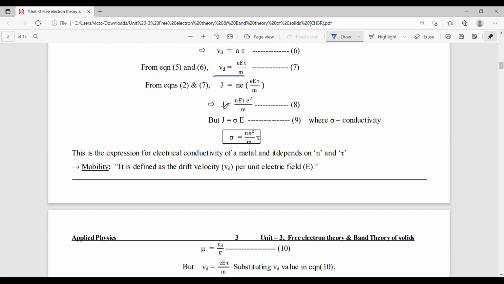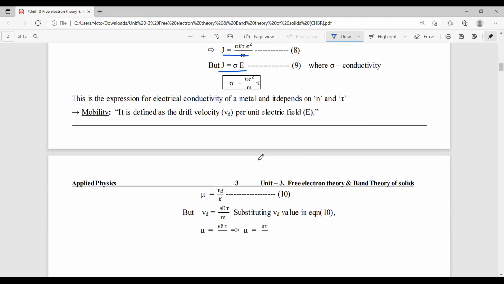Now this is the expression for J and this is also an expression for J. By equating equation 8 and 9, we get sigma equals ne square t by m.